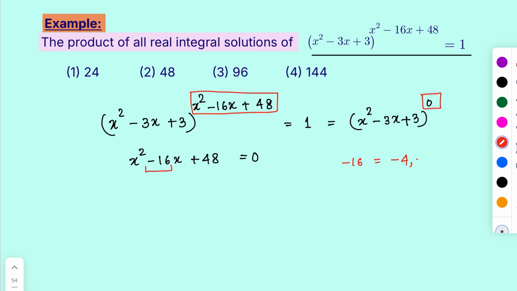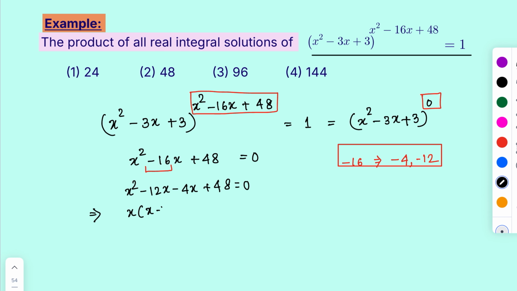That is minus 4 and minus 12. We have to split minus 16 in this way. So you will get x square minus 12x minus 4x plus 48 equal to 0.